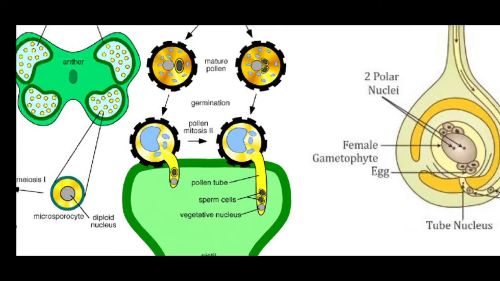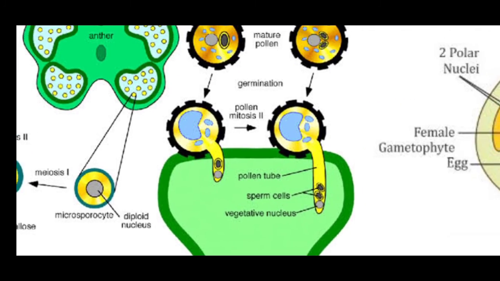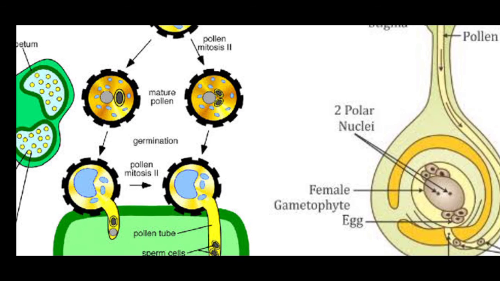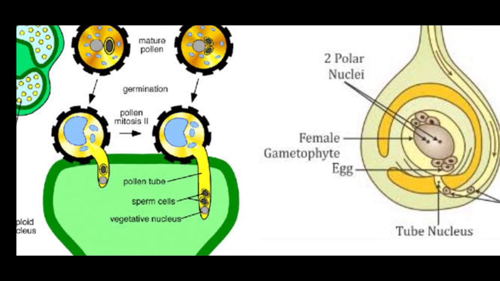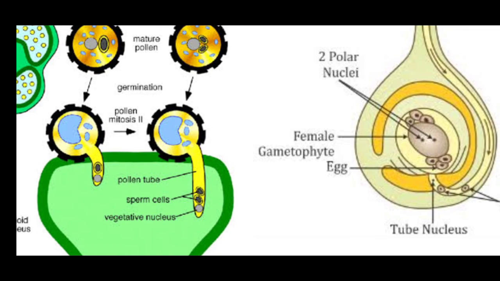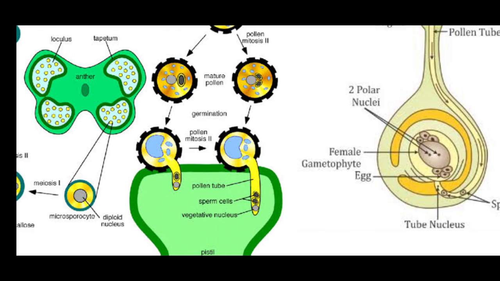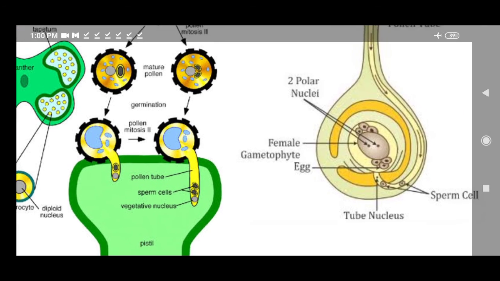Right here you can see the generative cell, it is always going to divide and give rise to two sperm cells, isn't it? Two gametes. But it doesn't matter, every time we are going to constrain ourselves with that particular knowledge that one gamete is responsible for fertilization of another gamete, which is the egg.